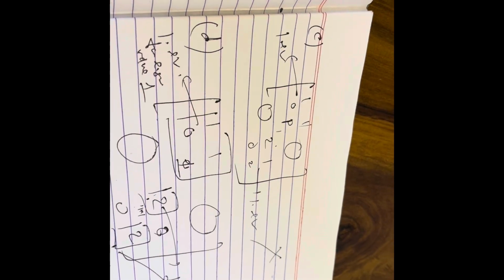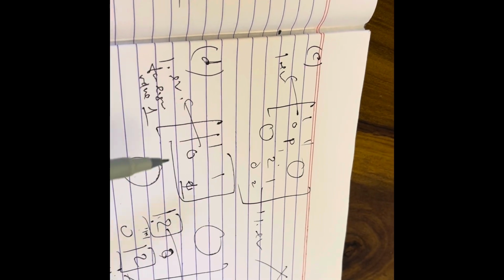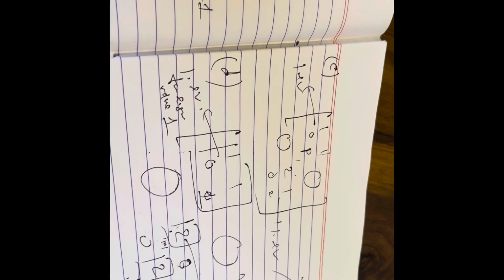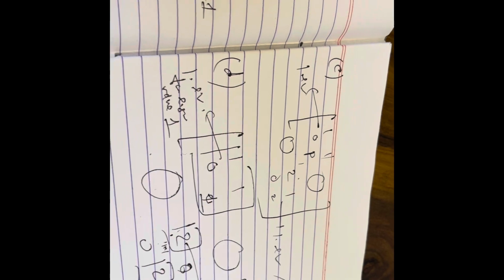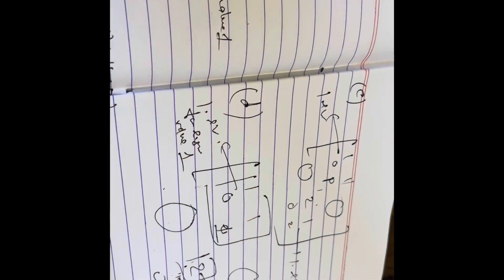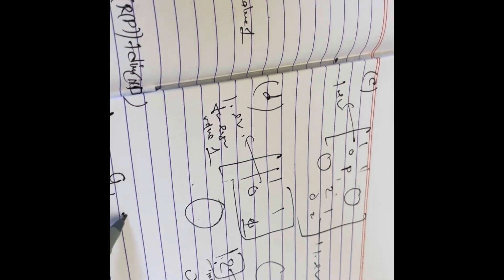So you are satisfying what you want: one eigenvector for eigenvalue 1 and 2 for eigenvalue 2. This is the right answer. So the correct answers are A and D.